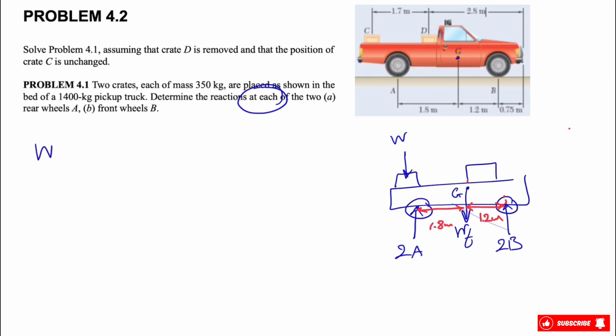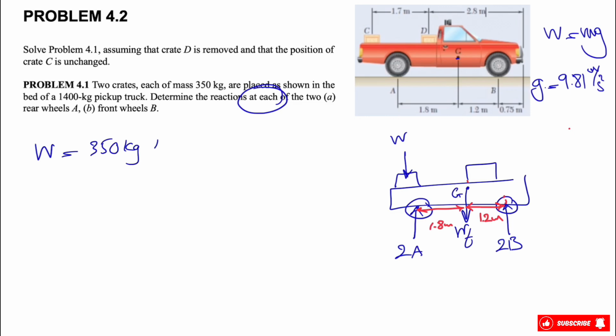The weight of crate C: from the question we know the mass is 350 kilogram, and to find the weight we have mass times acceleration of gravity, which is 9.81 meter per second square.